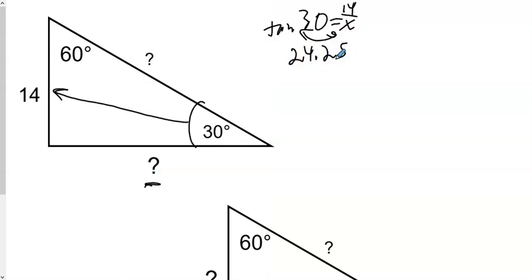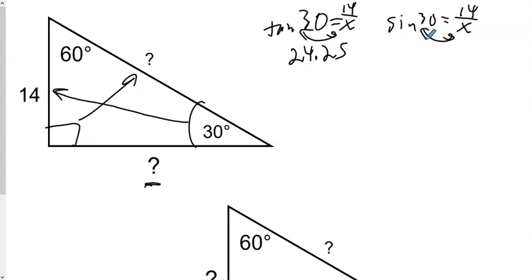We can also find out the hypotenuse. Because we have the opposite, and we're trying to find the hypotenuse, that's sine. Sine of 30 equals opposite over hypotenuse. Again, switch these.